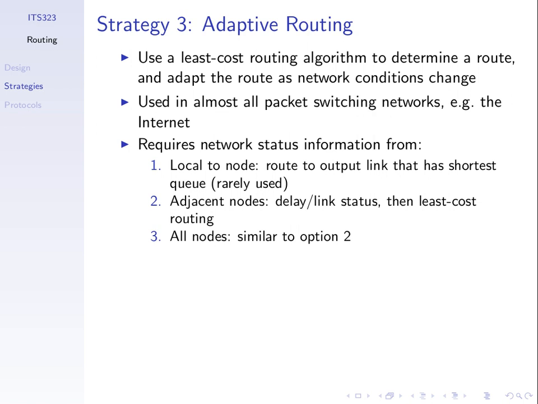Similar, 2 received a packet from 1, sends a copy to its neighbours. And when they receive a copy of this 1 packet, they send to their neighbours. And eventually everyone will receive a copy. And this is strategy 2, flooding.